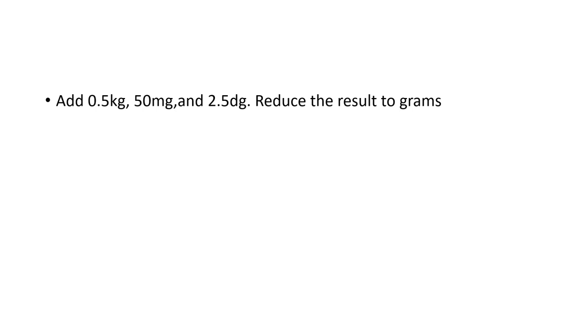So add 0.5 kilograms, 50 milligrams, and 2.5 decagrams. I think that's decigram. Decigram. Rare unit, but either way. You simply need to reduce the result into grams. What is practical is to convert them all to grams first. 0.5 kilograms, 50 milligrams, 2.5 decigrams.